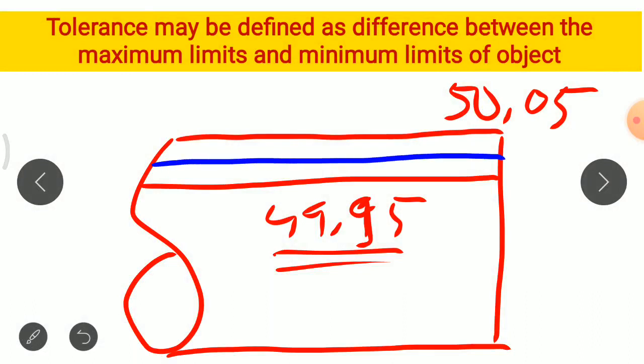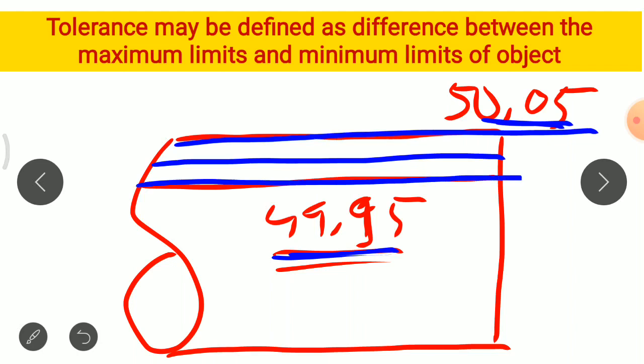But here we have to concentrate on only two values, 50.05 and 49.95. This line indicates the maximum limit, or we can call it the upper limit of the shaft, and this line indicates the lower limit, or we can call it the minimum limit of the shaft.